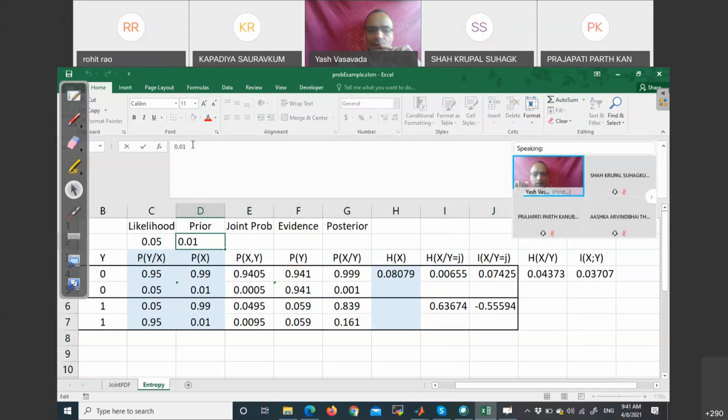Yes, sir. So let us experiment now. I'm going to turn the prior into 50-50%. So I'm not assuming that one case is any more likely than the other. When I turn the prior to 50%, what do you think will happen to this H of X?